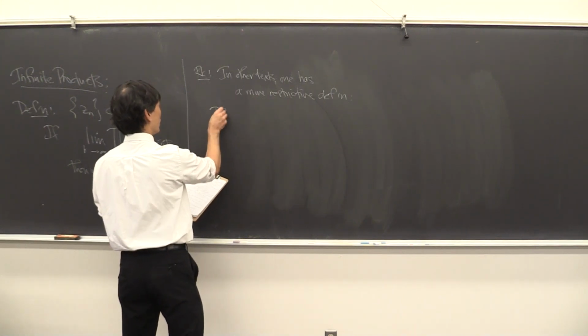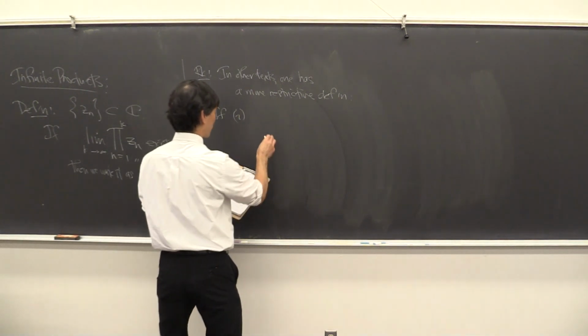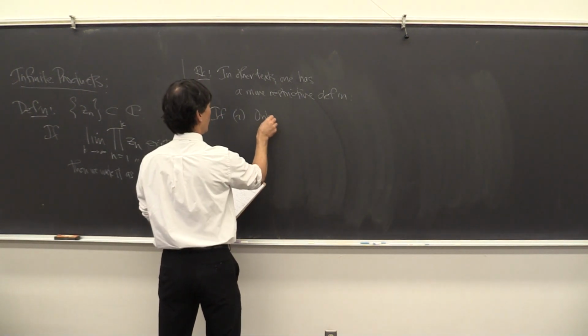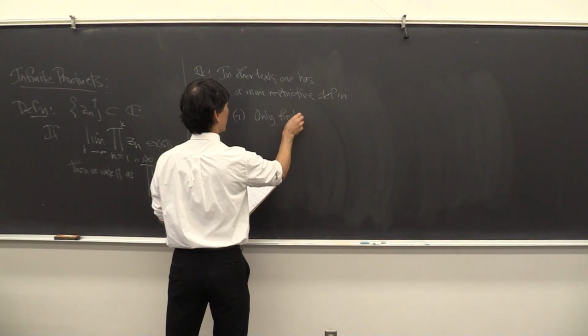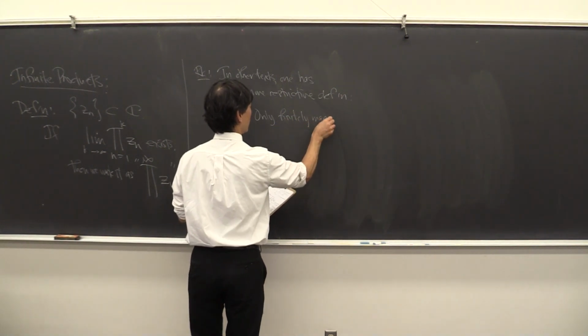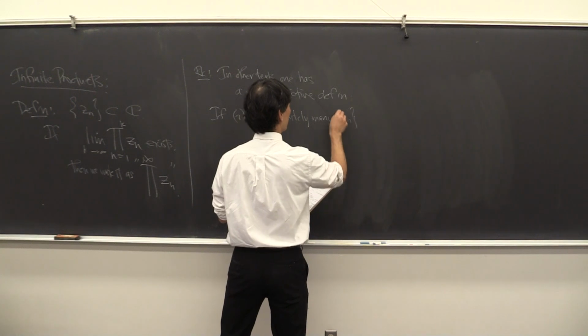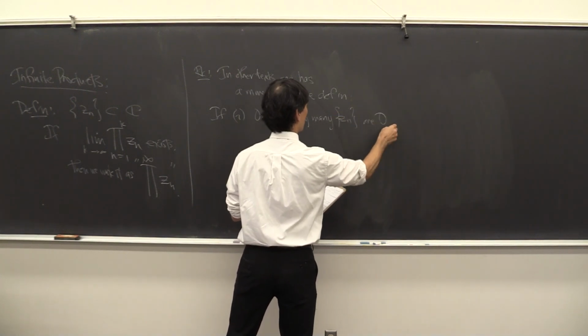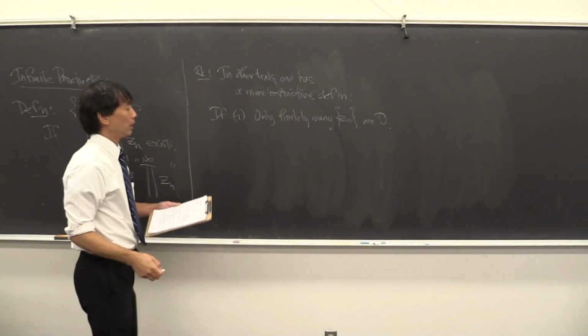So one, only finitely many of the a_n are 0. Okay.